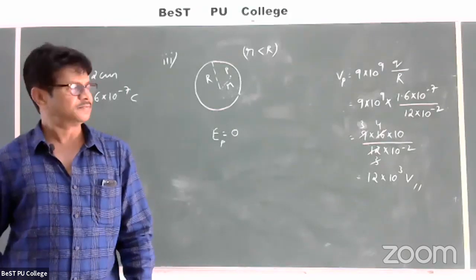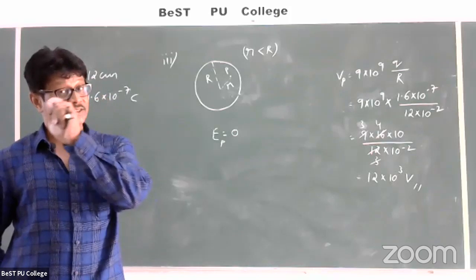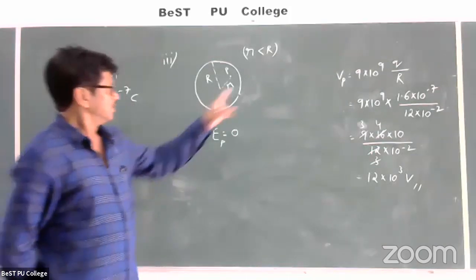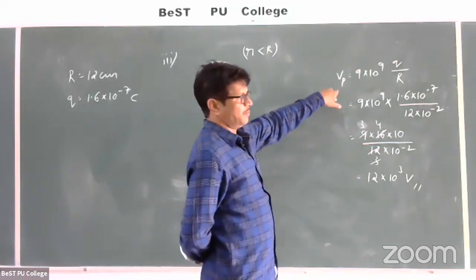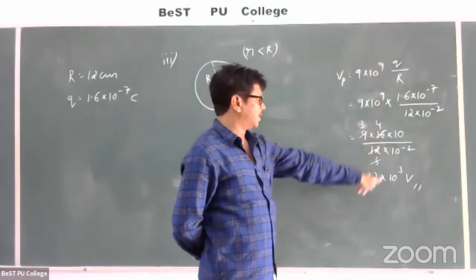That is, how much potential there is at the surface, the same potential will be there inside also. Now the same formula: Vp is equal to 9 into 10 to the power of 9 Q by R.